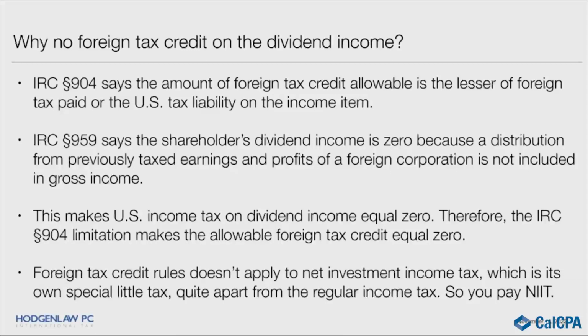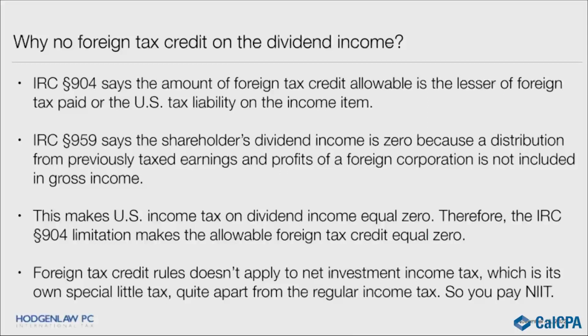Well, we know because of Section 959 that the dividend income is zero, and therefore the U.S. tax is zero. And that means the Section 904 limitation says for your foreign tax credit allowable in the United States, your tax liability is the lower of zero, what you paid in the United States, or $168,000, which you paid outside the United States to the foreign country. Therefore, your foreign tax credit is going to be zero.